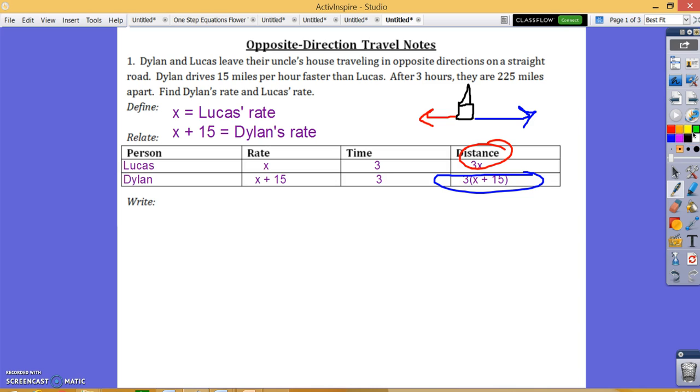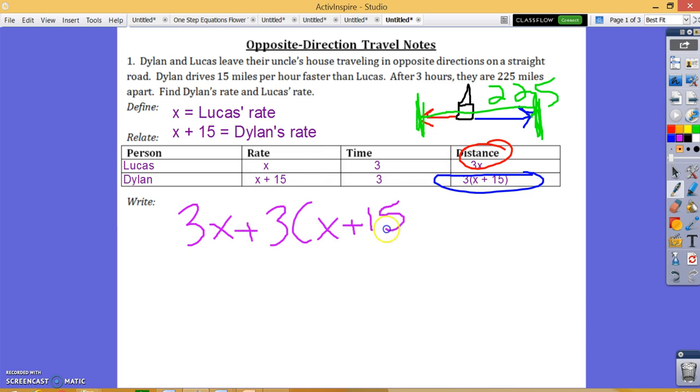We know that their distances, the red and the blue, are going to combine to be a total of 225 miles apart from each other. So we can go ahead and write an equation where we're adding up this chunk and this chunk. So 3x plus Dylan's distance, 3 times x plus 15, is going to equal a total of 225 miles. That's how far apart they're going to be.